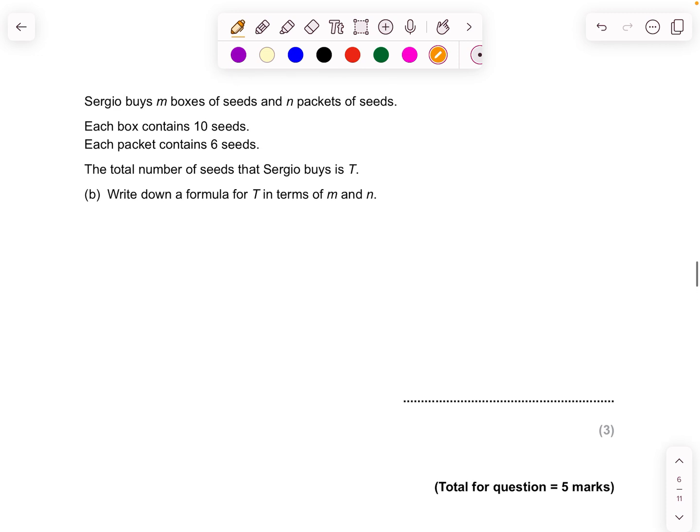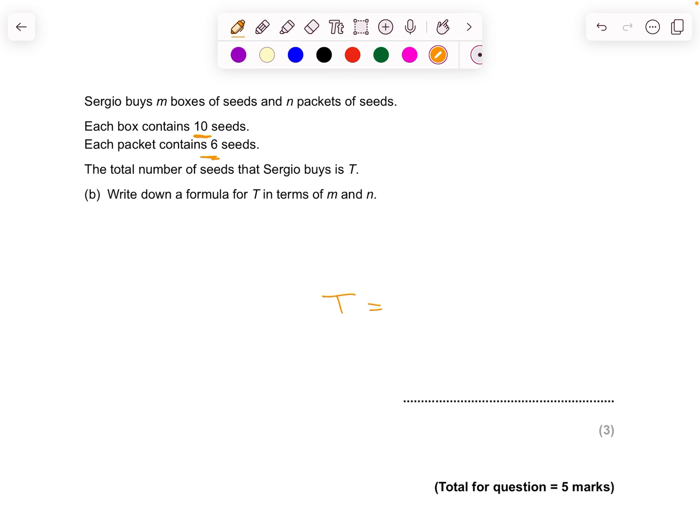Right. This one again, hopefully you thought it was quite straightforward. Sergio buys M boxes of seeds and N packets of seeds. Each box contains 10 seeds. Each packet contains 6 seeds. And so it says write a formula for T, which is the total number of seeds that Sergio buys.